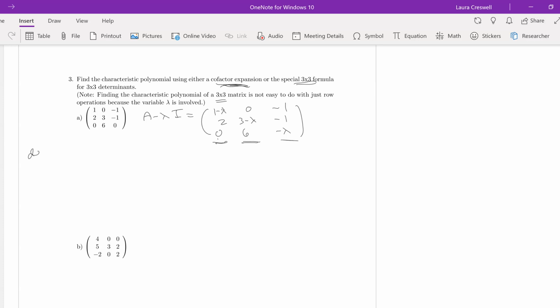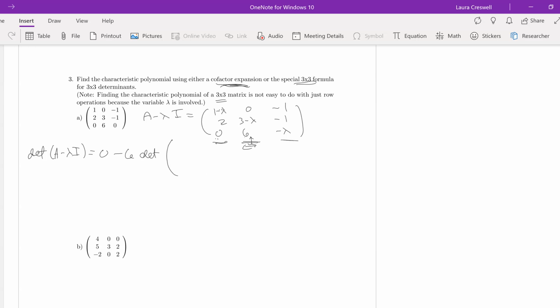So the determinant, let me just label my work, what I'm doing, will equal, so I'll just say 0 times this, 0 times the determinant of the 2 by 2 that would be left over, positive, negative 6 times the determinant of the matrix that would be left over if I take out this row and this column, right?